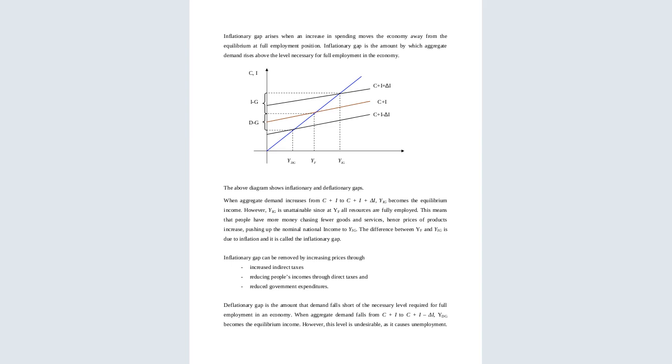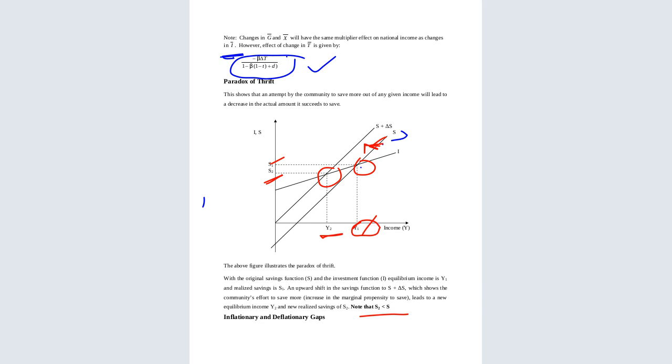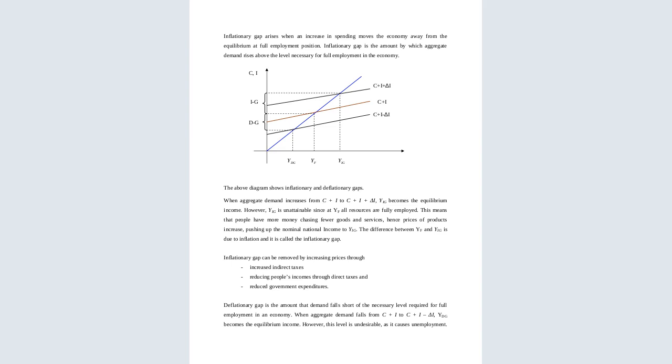Now, we can move to our next part. I think it is the second last, or the last part, which is the inflationary and the deflationary gaps. So we need to look at the deflationary gap and the inflationary gap, since we have discussed what is equilibrium in the national income. Now, an inflationary gap arises when an increase in spending moves the economy away from the full employment position.